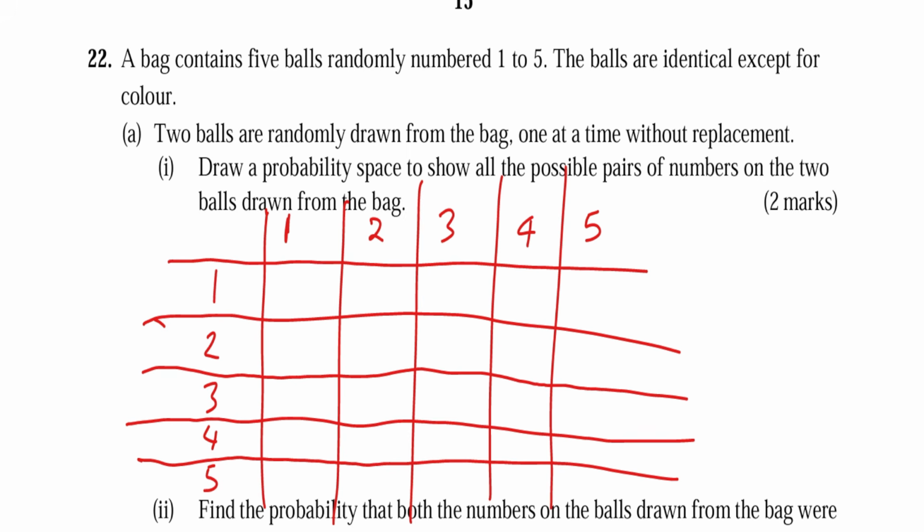So, looking at it: 2 balls are randomly drawn from the bag. So it's 1 to 5. It's not that there are two bags with different balls 1 to 5; it's just one bag.